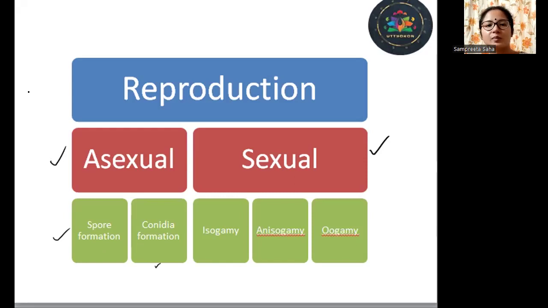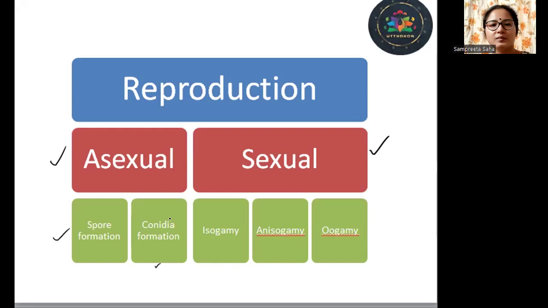When the cells separate, you can compare conidia formation with the fragmentation process. Except here, the conidia are separately formed. In fragmentation, we have learned that the organism simply breaks and regenerates. But conidia is a special type of cell meant for participating in asexual reproduction.